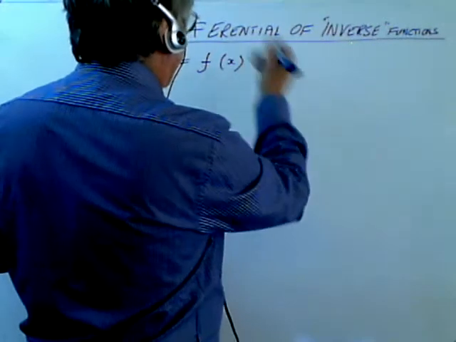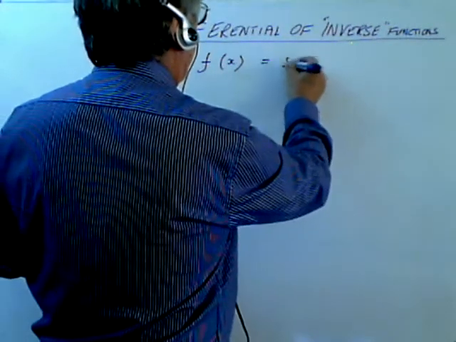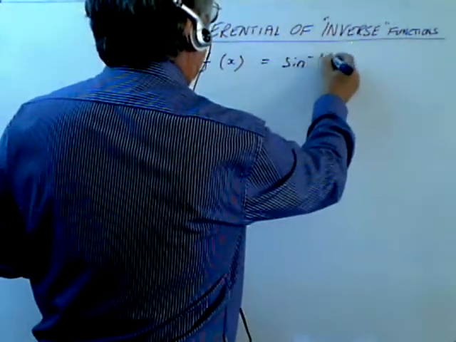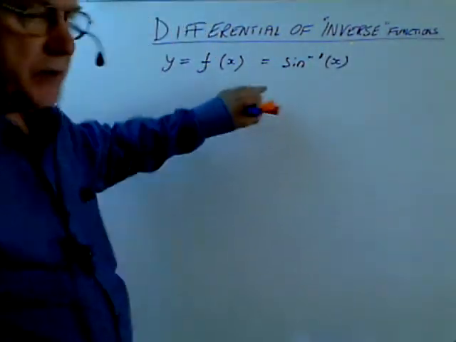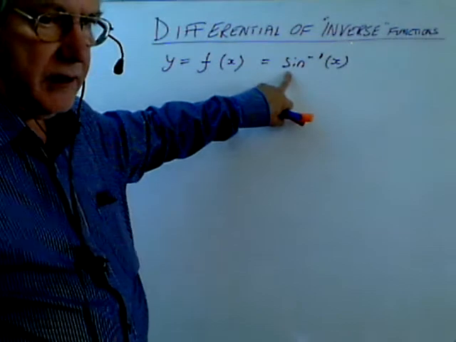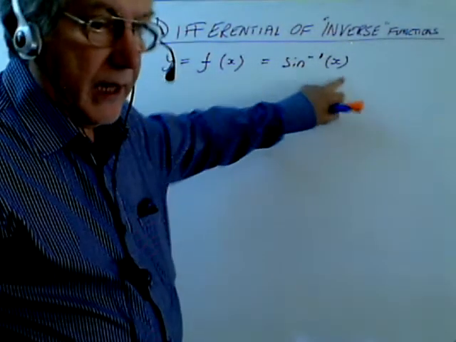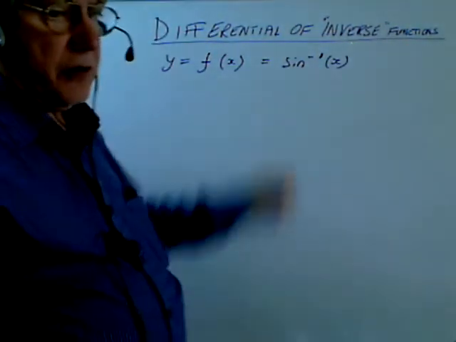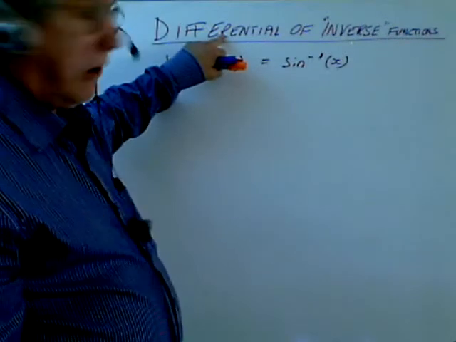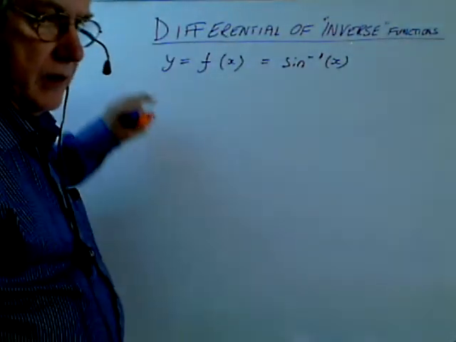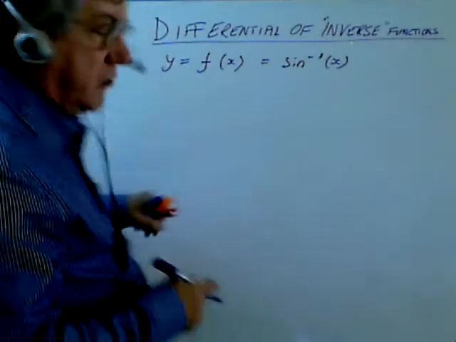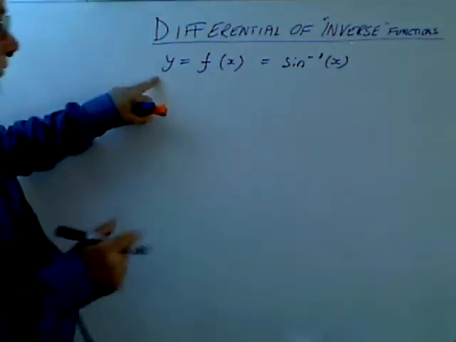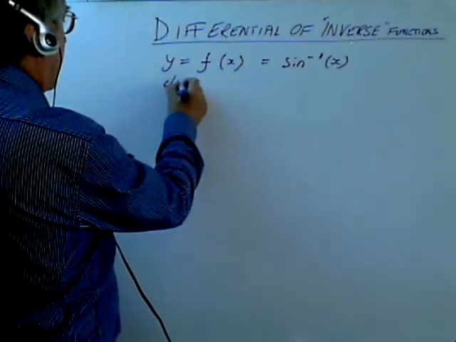A classic example, of course, is the arc sine of x, sometimes called the inverse sine. x must be in radians, of course, because this is calculus, so we use radians in general. So my question is, well, what is dy/dx?